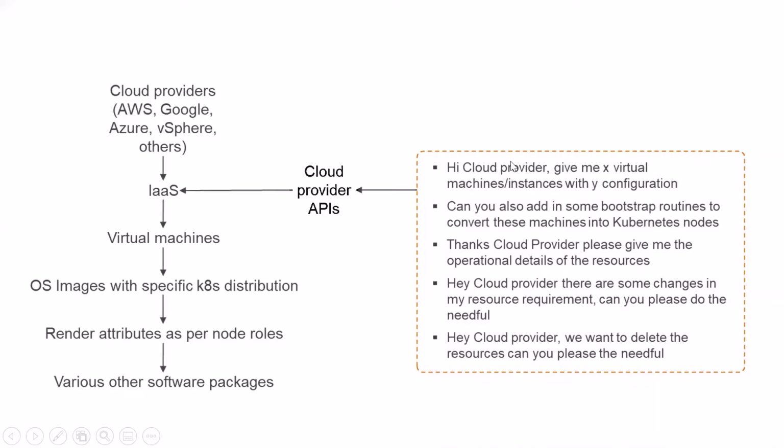In the case of public cloud, for example AWS, which VPC, which security group. For vSphere, the same thing could be interpreted as the data center reference in terms of the object hierarchy, and in that, give me n number of virtual machines with this kind of resource configuration and the network attachment and all that.